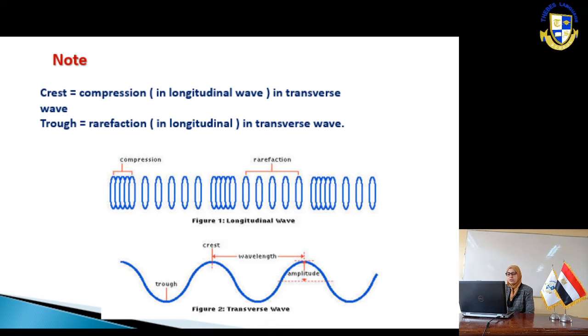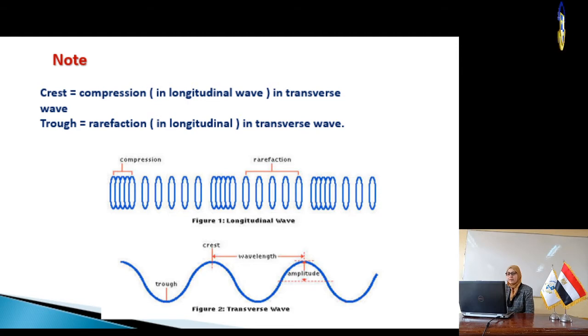So here, as shown in the figure, we can see the compression and the rarefaction. The compression is high and the rarefaction is low. And here we can see the crest and the trough. The crest equals compression and the trough equals rarefaction.